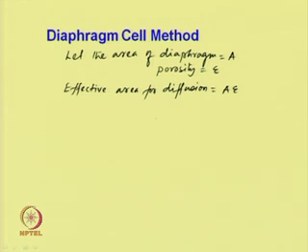So, to account for the non-uniformity of the diffusion path, we can use a term, the tortuosity factor tau.